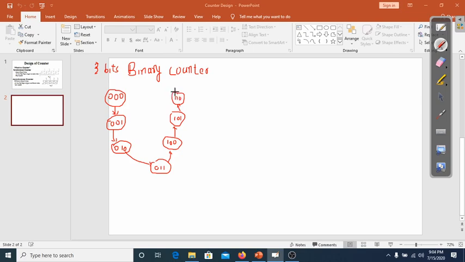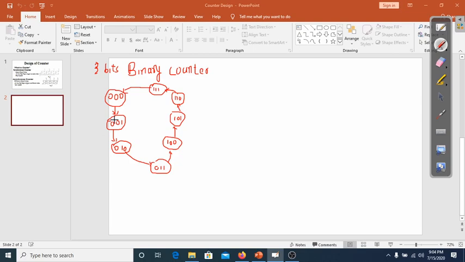Again the next state is 111. So finally this 111 state will change to 000. So the counter will keep repeating.